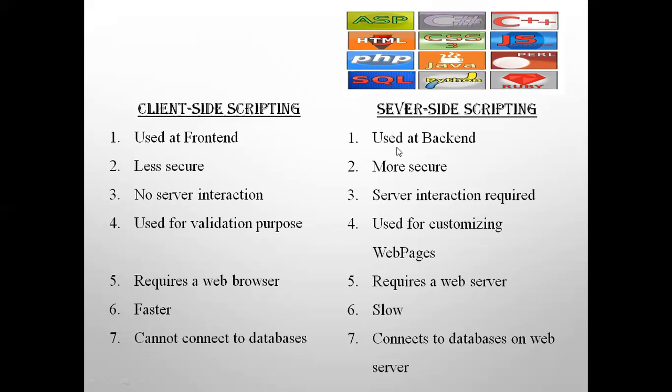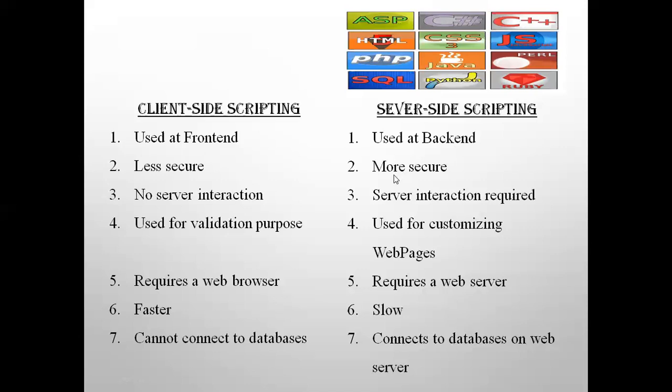From the first point, server side is used at the backend. Backend means the source code is not visible. Here the code is hidden. It is not shown to you directly. So that is called the backend. And client-side scripting is used at the front end, where users can see it from the browser.